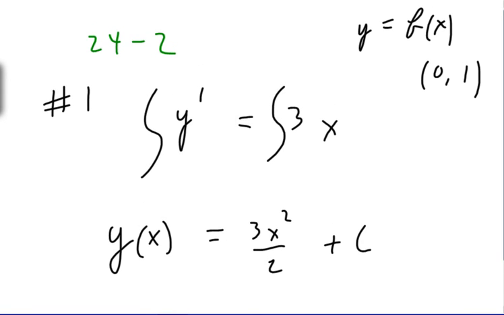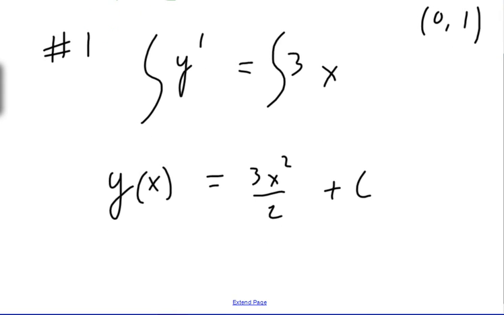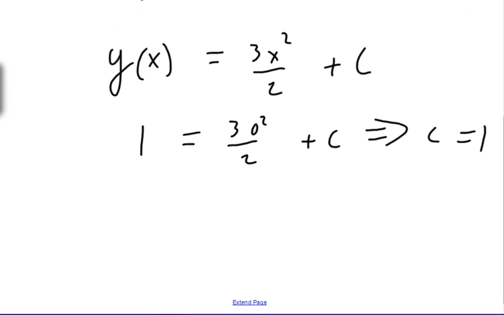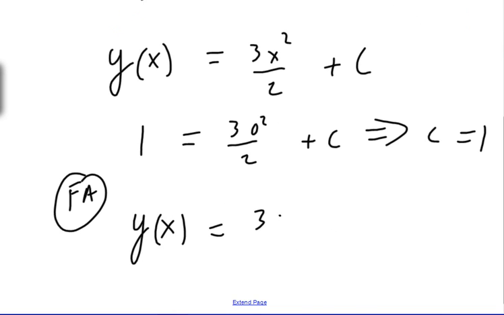When x is 0, y is 1, implying very strongly that c is equal to 1. So my final answer would be y of x is equal to 3x squared over 2 plus 1.